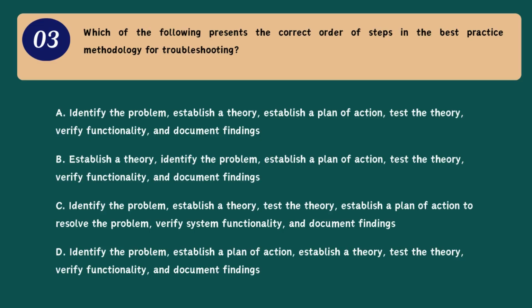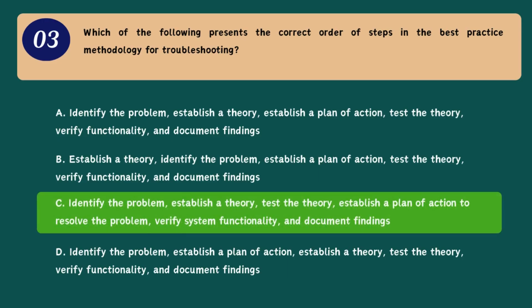C. Identify the problem, establish a theory, test the theory, establish a plan of action to resolve the problem, verify system functionality, and document findings. D. Identify the problem, establish a plan of action, establish a theory, test the theory, verify functionality, and document findings.